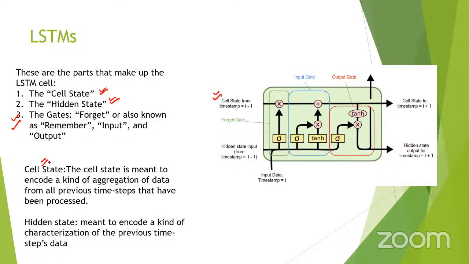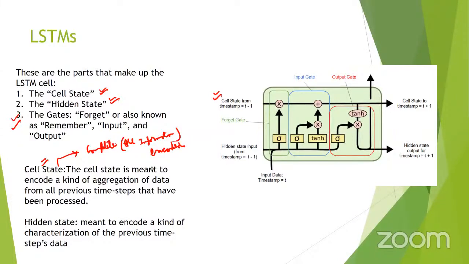So the cell state is concerned with my complete data. All information will be stored inside this cell state, again in encoded form. How this cell state will be calculated, we will see.